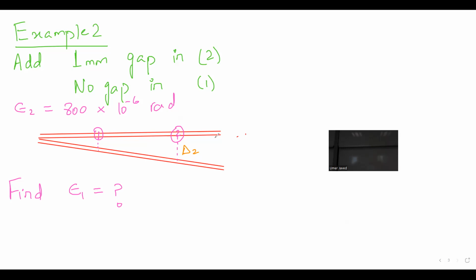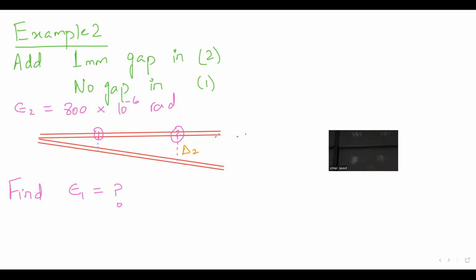And then just tell me the change in length for the second one. Change in length equal to 800 into 10 power minus 6. The change in length of the second rod will be the same as in example 1. Then you will have to add.